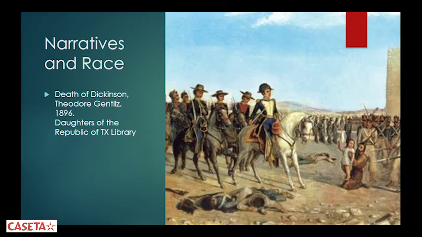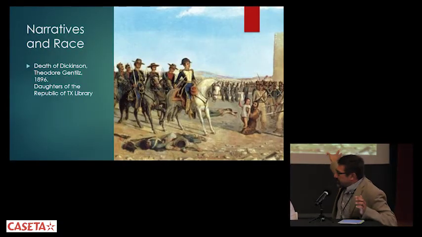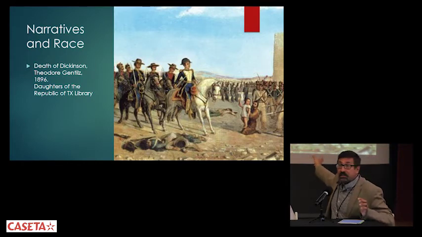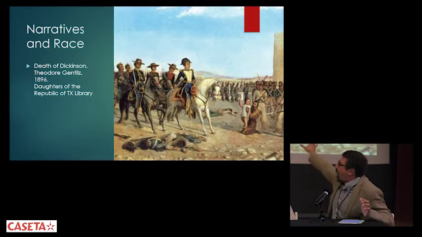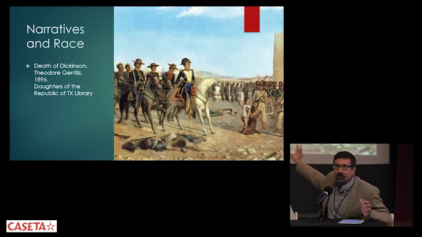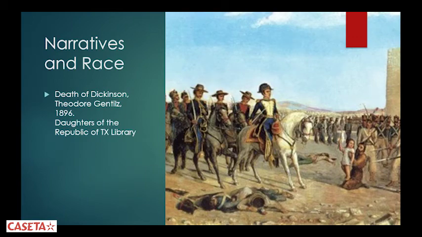One of the ones that I really wanted to spend more time on is, I can never say his name right, Gentilz, 1896, death of Dickinson, where the implication there is that they were both killed, right? Now, however heroically the Mexican soldiers are depicted here, there's a very emotional end product of this, right? The Mexicans are baby killers.